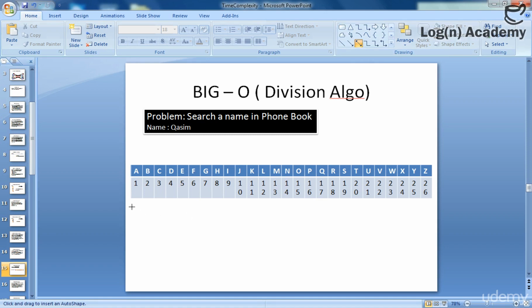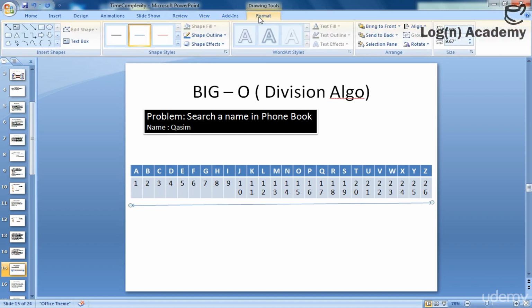In the division strategy, let's say we have this list of numbers, and we will divide the input. This is the input, and this is our data. So we will use the division strategy here. Okay, now it's clear, right?